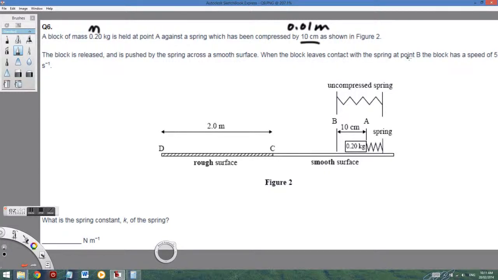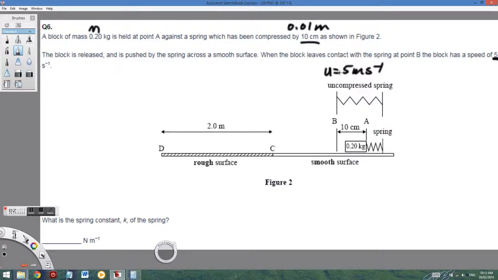It leaves contact with point B and has a speed of 5 meters per second. So initially 5 meters per second. What is the spring constant?